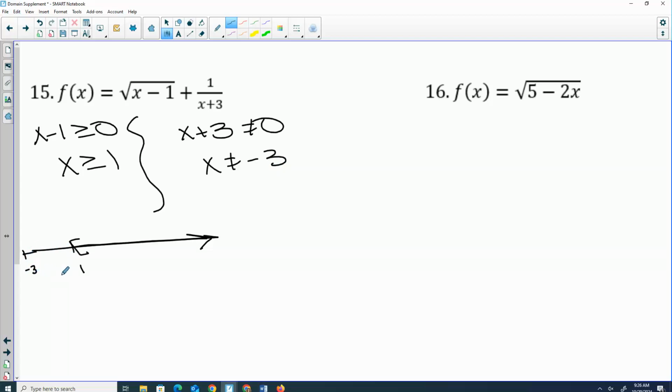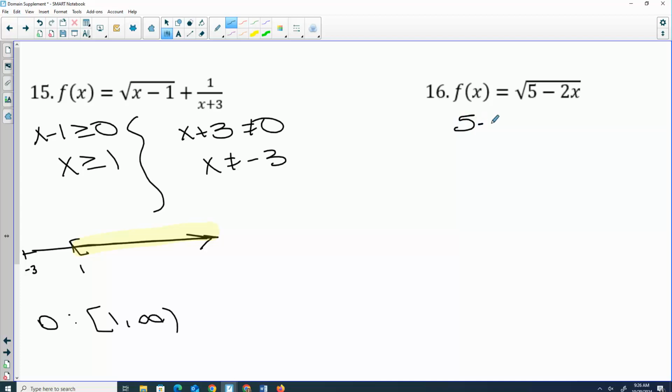If you're already bigger than 1, do I have to worry about the negative 3? No, because I've already said it's over here, so the fact that it can't equal negative 3 is already taken care of. So my domain is just 1 to infinity. Now, if I had said positive 3, then we would have had to worry about it. We would have had to take that out. But because I already knew it was bigger than 1, the negative 3 didn't change anything.